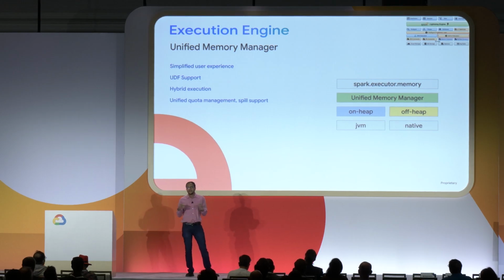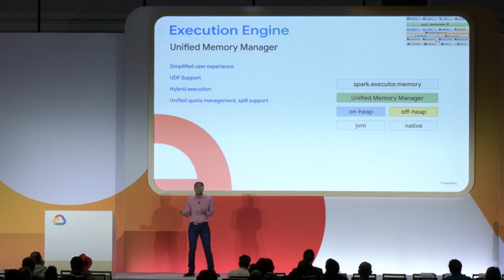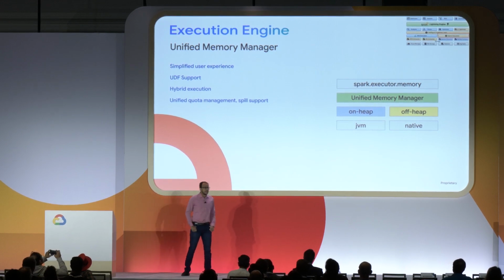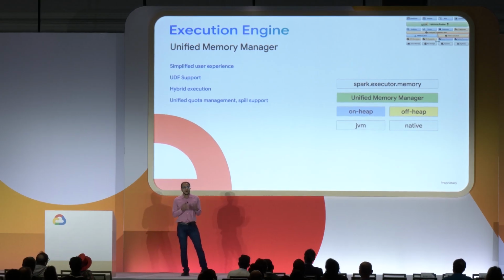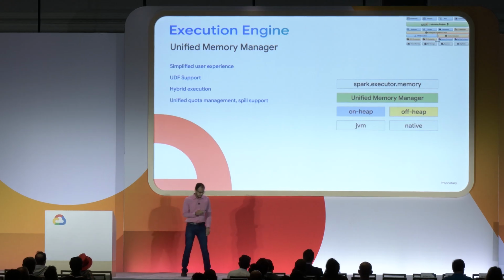So we built a unified memory manager on top of Lightning Engine that can fluidly transfer your memory from on-heap to off-heap and off-heap to on-heap as required. And with this optimization, we were able to support Java UDFs, because Java UDFs require on-heap memory. So the native engine can use off-heap when it is executing the operators in native, but it can transfer the memory to Java when a Java UDF is being executed.